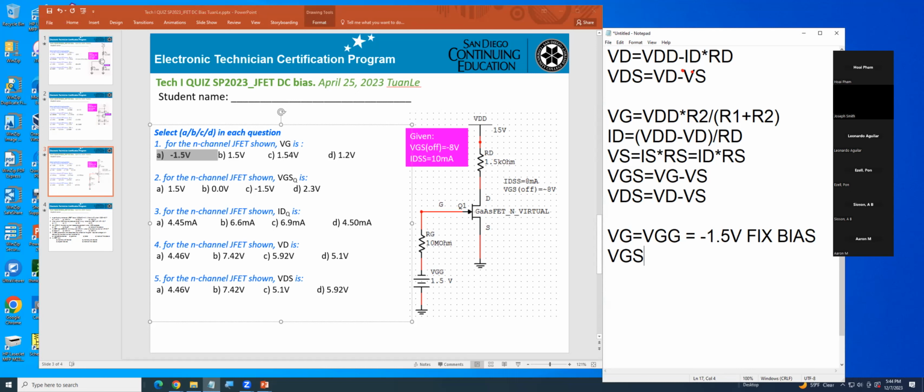VGS equal VG minus VF. C. Minus 1.5. Number 2 will be, is it C?